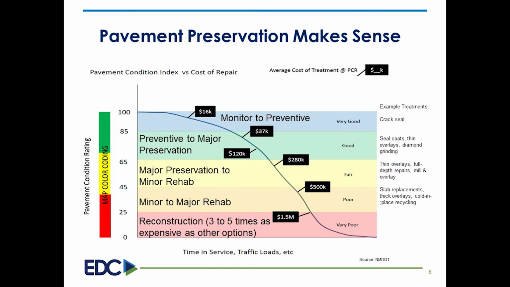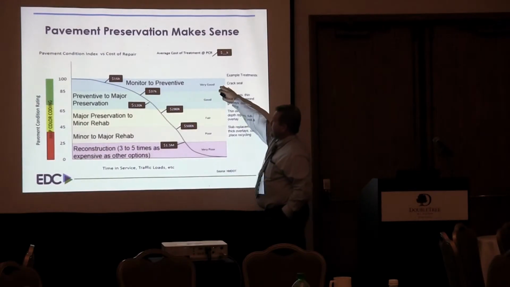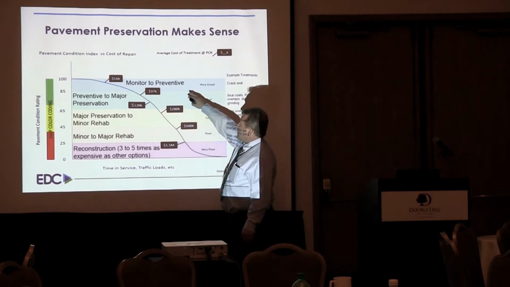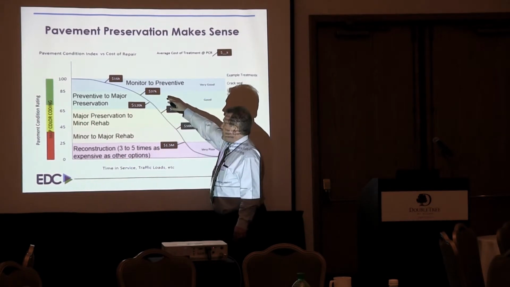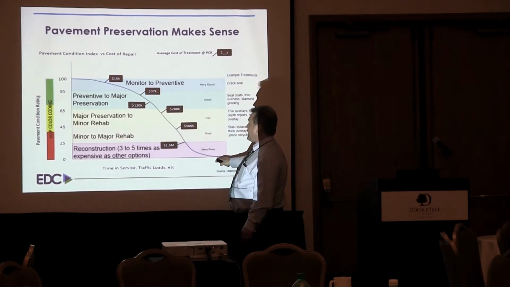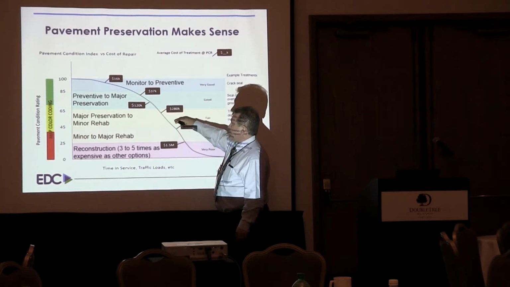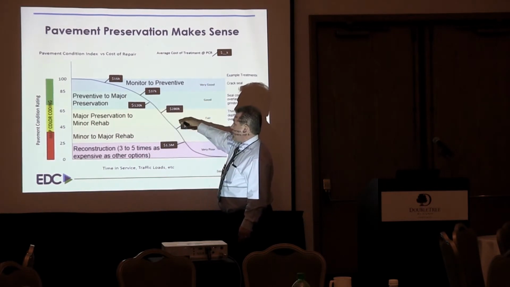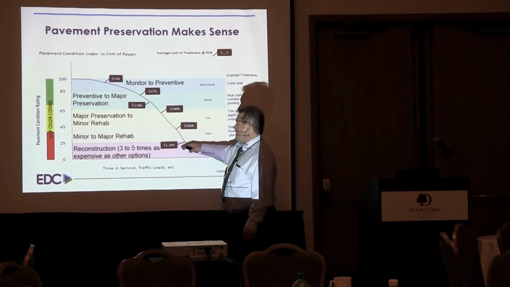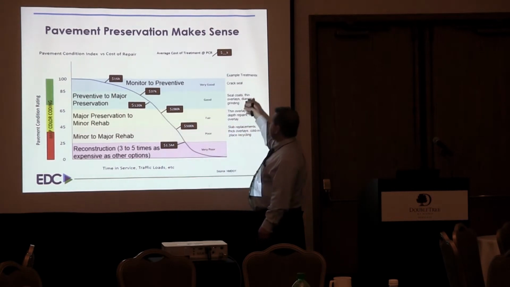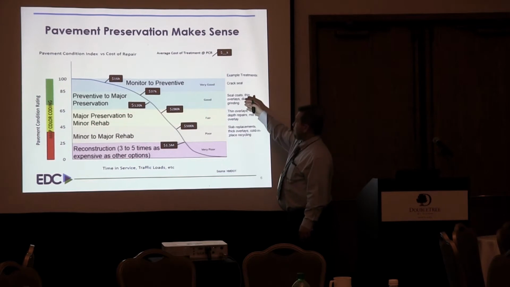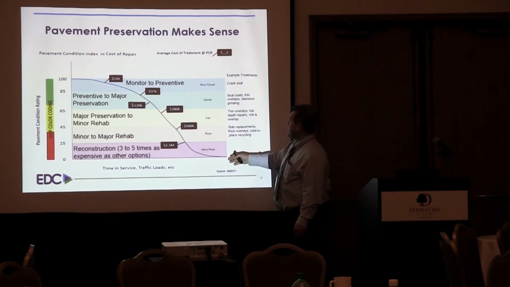Furthermore, we have all seen pavement condition curves, and as you can see here, if we do pavement preservation correctly up here early on, we are going to conserve our funding as the pavement deteriorates over time. Our pavement preservation is up here, then we have our major preservation or minor rehab, minor to major, and our total reconstruction. On the far right, the treatments go from very good to very poor.